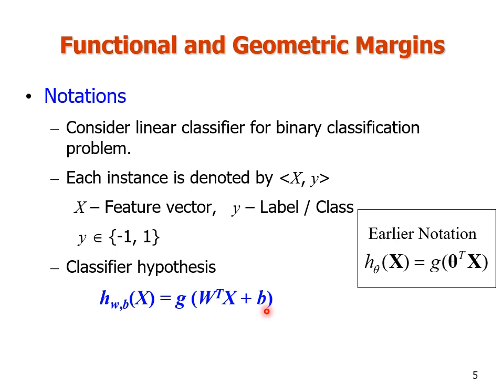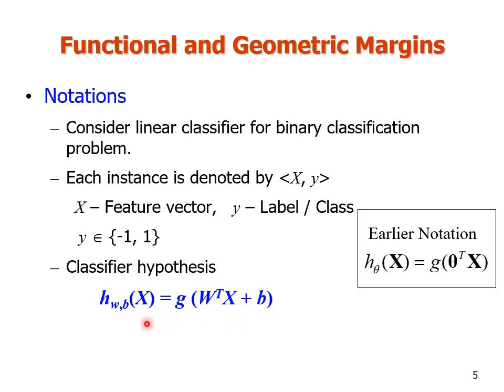So earlier we had the parameter vector theta, and now we are parameterizing our hypothesis with parameters w and b.